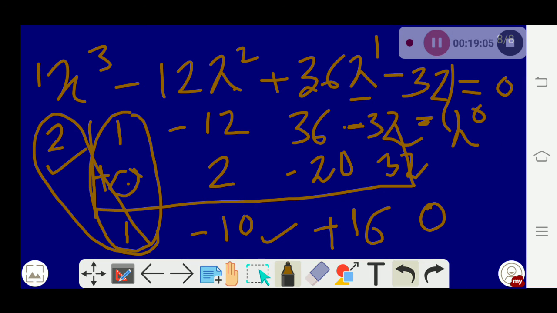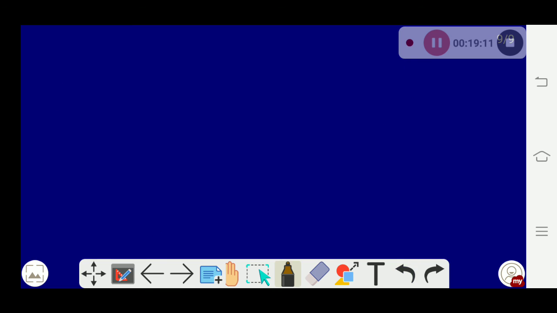So let's go to the next page. Remember this. We get the final result as 1 minus 10, 16. So we have already found 1 lambda. Our objective is to find 2 values of lambdas, right?